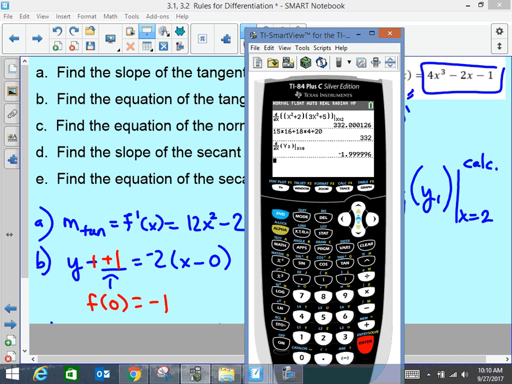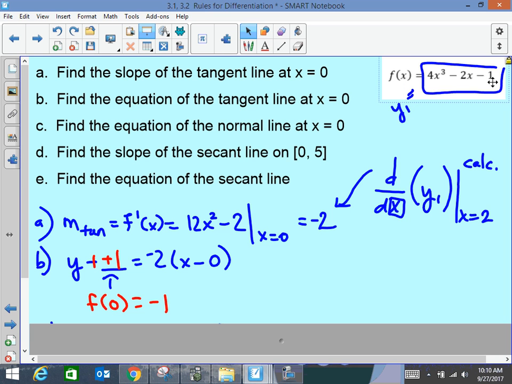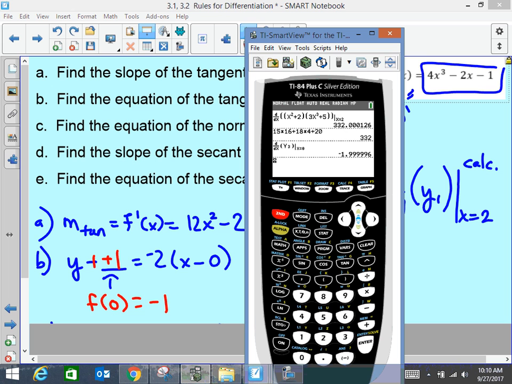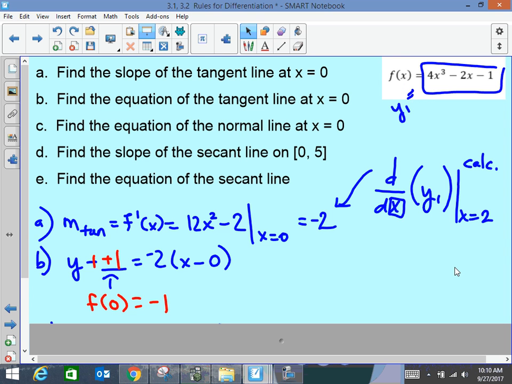Because now, when I want to plug in 0, I could go over here to my graph and find 0, and there's f of 0 right there. So if you know you're going to do more than one thing with it, you might as well put it there as opposed to putting it in the home screen once and then having to plug it in again.